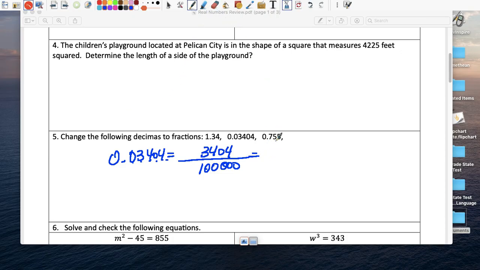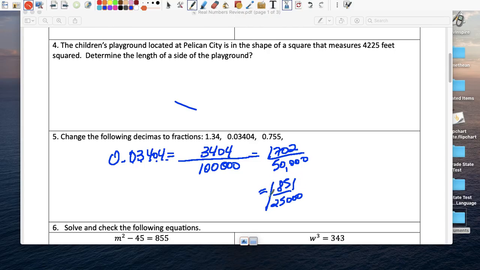I'm going to divide that by 2. I don't know why my calculator is giving me a problem. 1702, and this is going to be 50,000. It's divisible by 2 again, so I'm just going to continue to divide by 2. 1702 divided by 2 is 851 over 25,000.